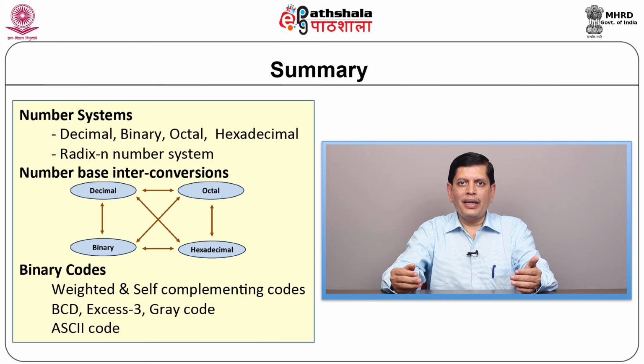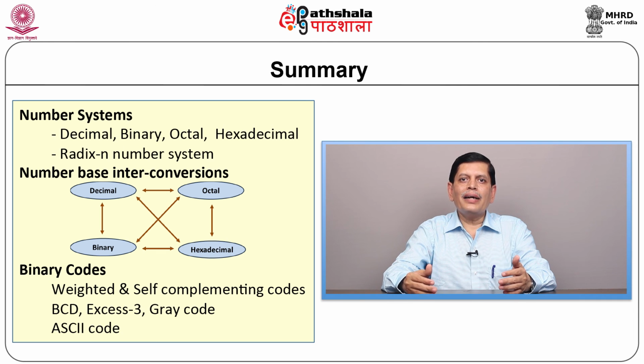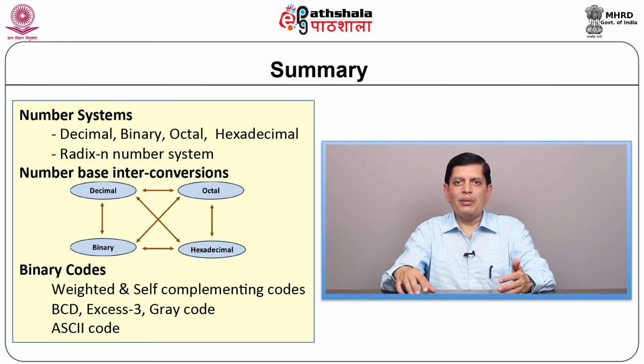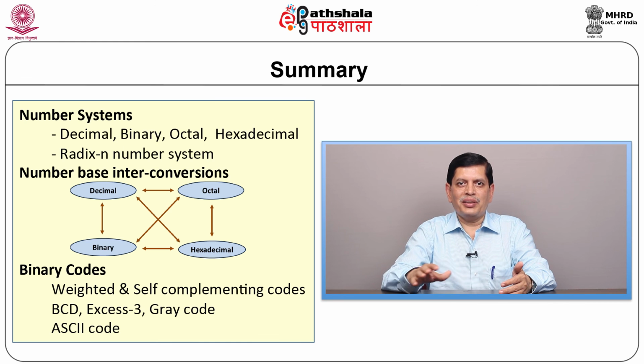In addition to that, we have studied the number conversions, decimal to binary, decimal to octal, decimal to hexadecimal and vice versa. In addition to that, understanding the number system and their representation is one part, whereas learning something about the different binary codes for processing is another section.